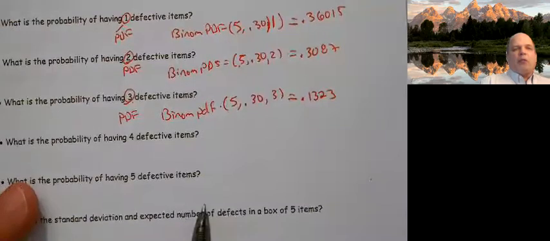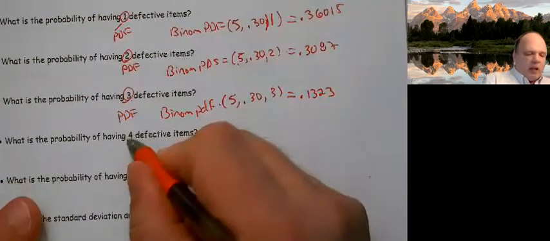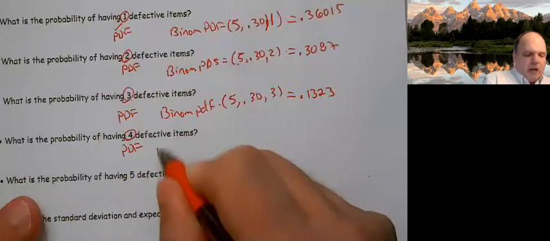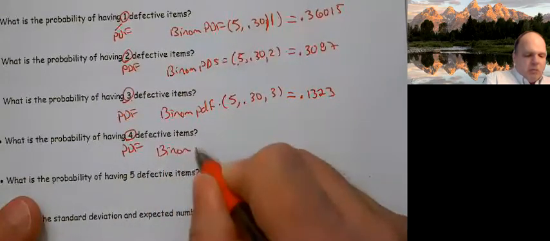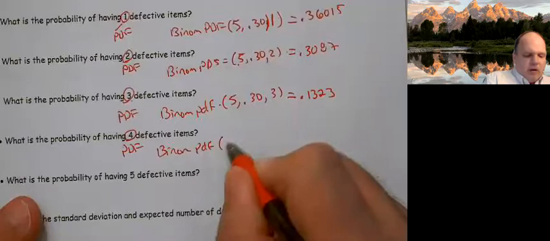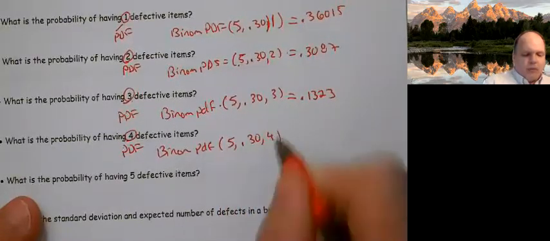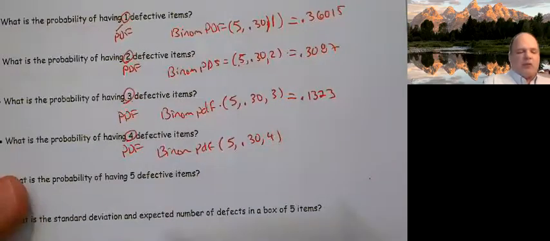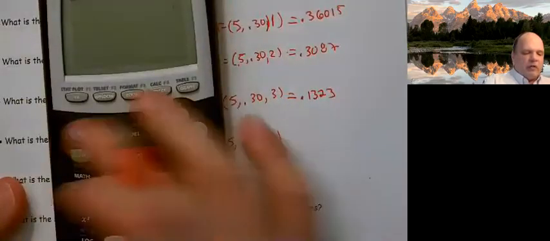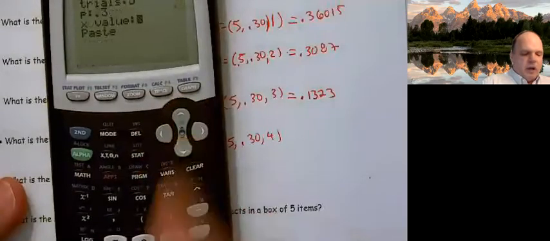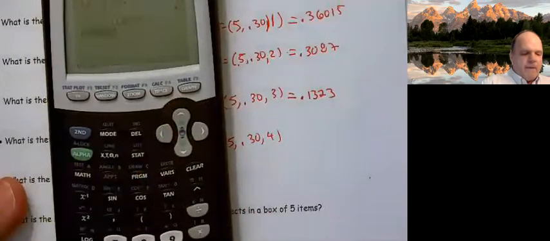All right, what is the probability of having 4? Once again, singular value, must be a PDF. So this is a binomial PDF, 5 trials, 0.30, 4 is my number of successes. Second vars, binomial PDF, changing my X to 4.